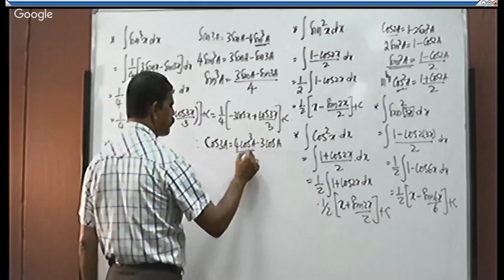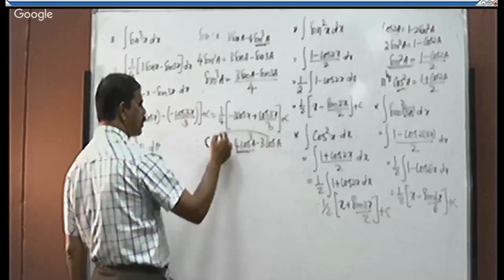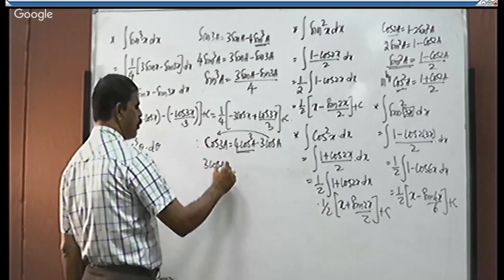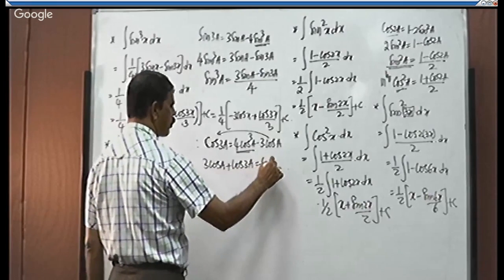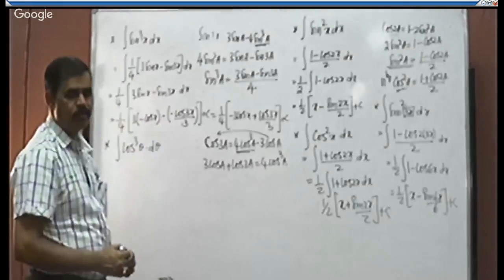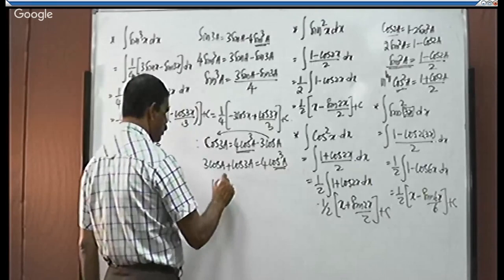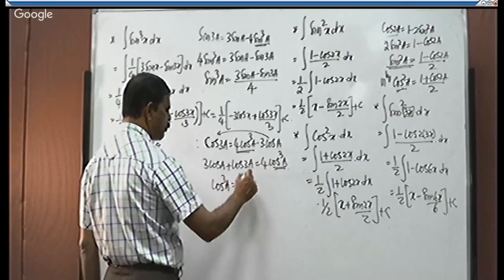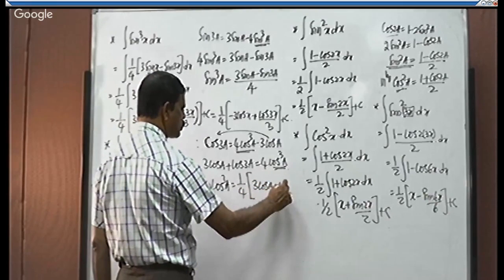I need this, so take minus 3 cos a to this side. So it becomes 3 cos a plus cos 3a is equal to 4 cos cube a. I need only cos cube a, correct? Therefore, cos cube a is equal to 1 by 4, this 4 goes to the denominator, into 3 cos a plus cos 3a.